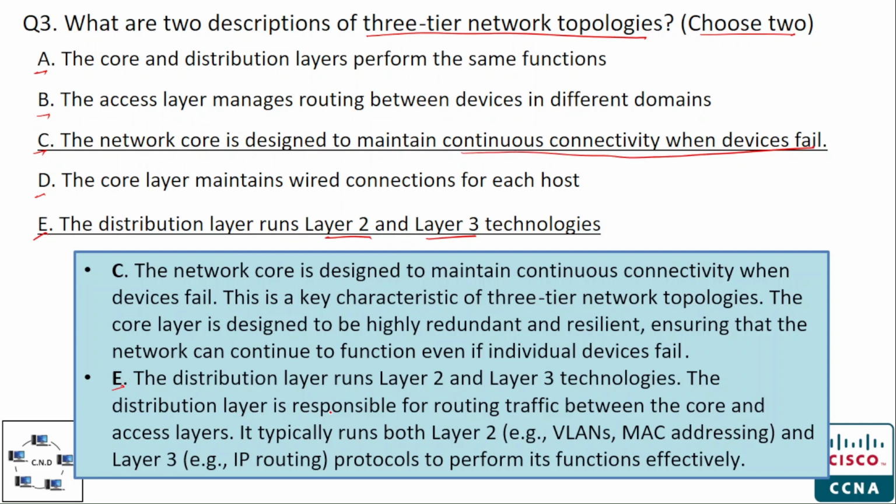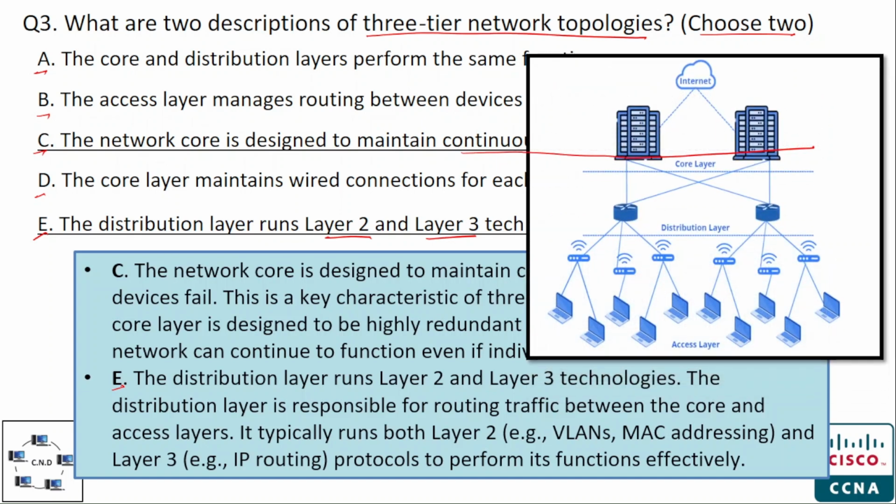The distribution layer is responsible for routing traffic between the core and the access layer. It typically runs both layer 2, that is VLANs and MAC addressing, and layer 3, that is IP routing protocols, to perform its functions effectively. And this is the diagram of the three-tier network architecture.